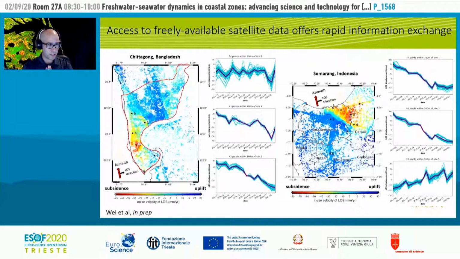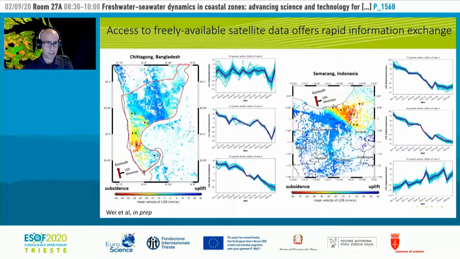Here we've used Sentinel-1 radar imagery in a particular approach, InSAR, interferometric radar processing, to look at subsidence in these particular areas. So mention all of the groundwater withdrawal and all of these other issues that are happening along the coast.